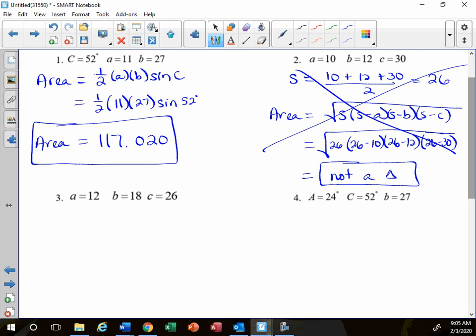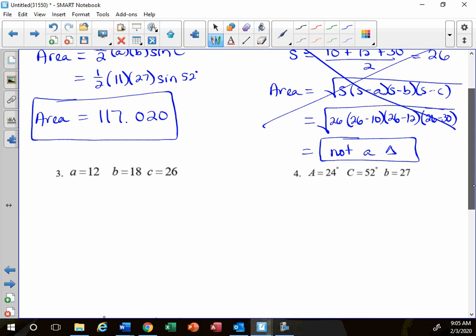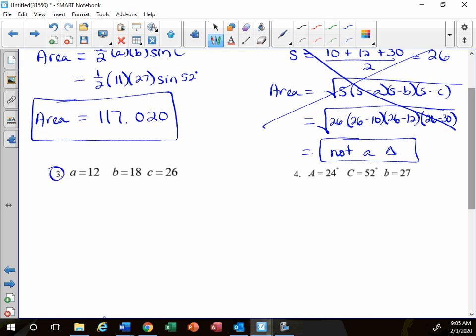So let's try that again on number 3. Do you think this one's a triangle? Yeah, looks a little more promising. So again, start by finding S. And think about your formula here.